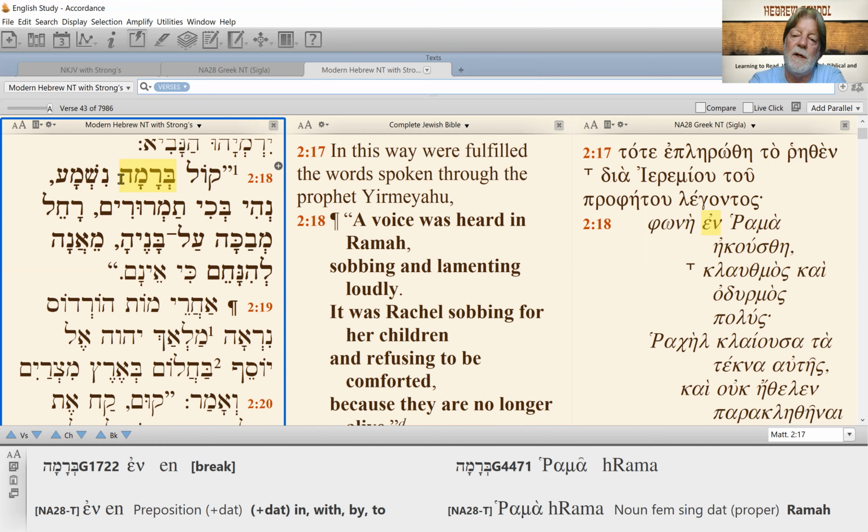Rachel's first child, God did a miracle for her probably, and her first child, Joseph, was born while they were still living up north in Haran, in modern day Syria. They were living up there with Laban, Rachel and Leah's dad, but they made their way back south to the promised land.